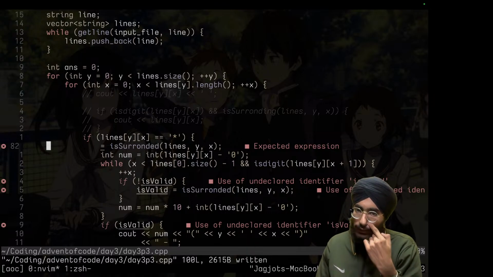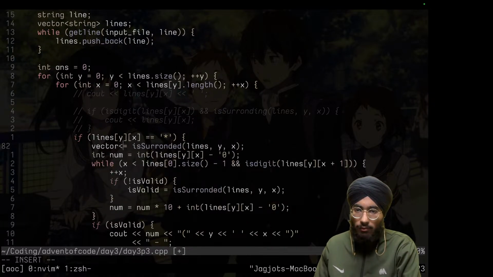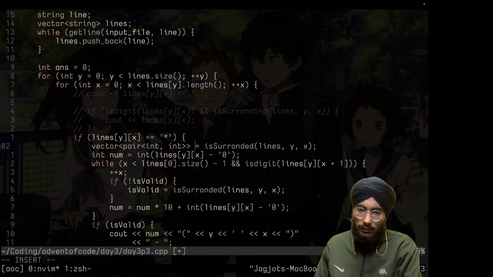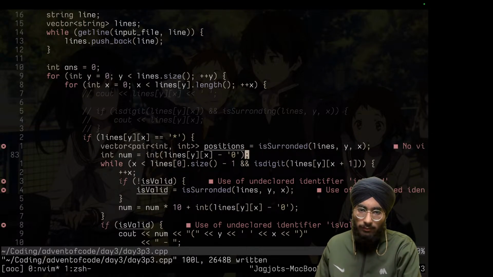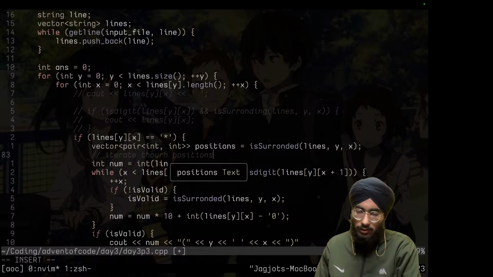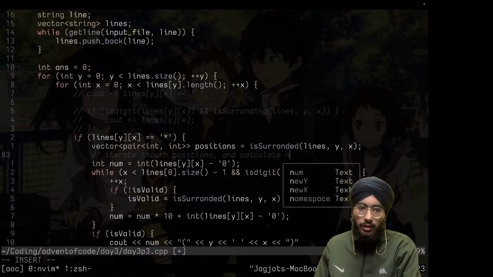If it is a star is surrounded, we're gonna do a vector of pairs of int, positions, and then we're gonna iterate through positions and calculate num.